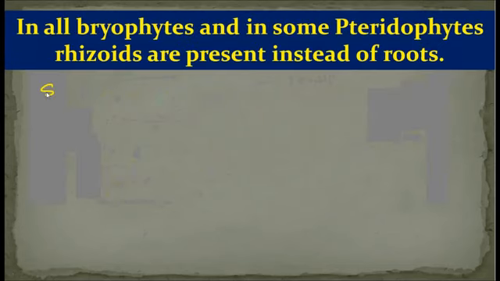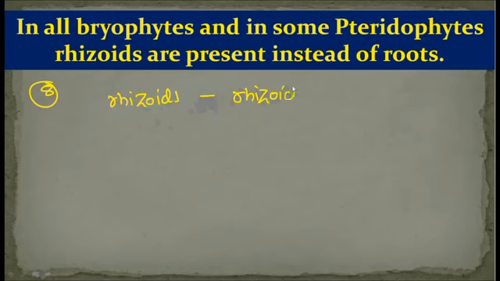The next similarity between the bryophytes and pteridophytes is that all bryophytes show the presence of rhizoids, while some pteridophytes also show the presence of rhizoids. Here you have to remember a very important point: all the bryophytes, while some pteridophytes.